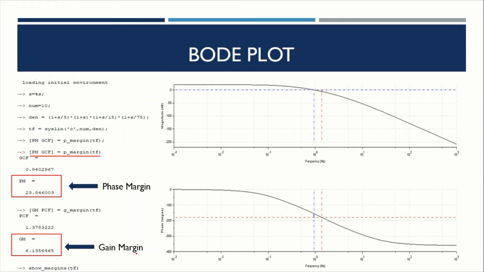Same goes for the gain margin. If you want to find the gain margin, you can type like this and press enter, and you get the value of the gain margin. If you want to look at the graph, you can type show_margins(TF), and you can get the magnitude graph and the phase graph.